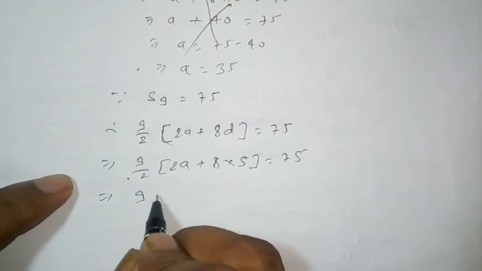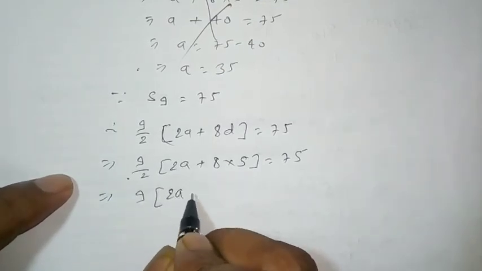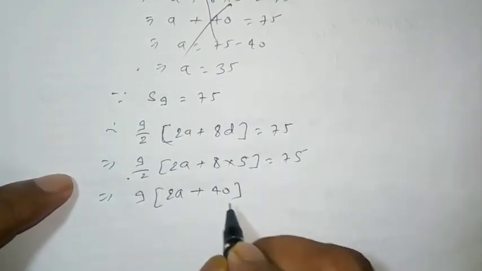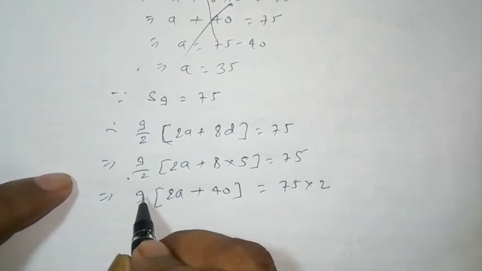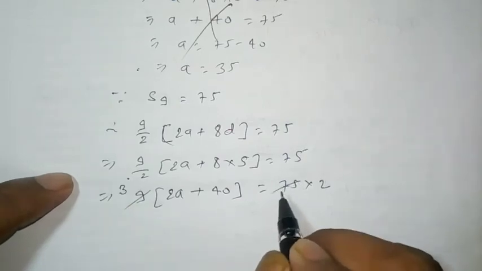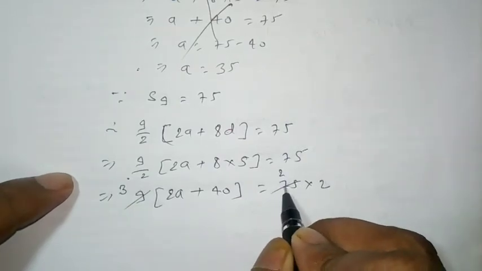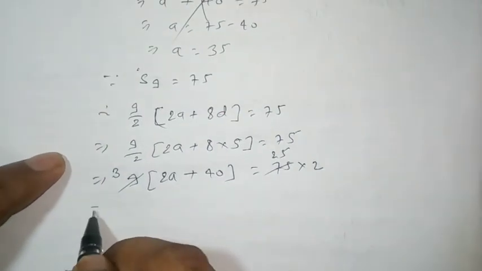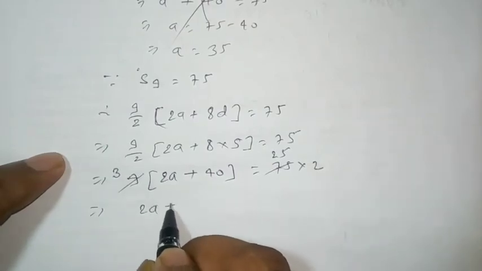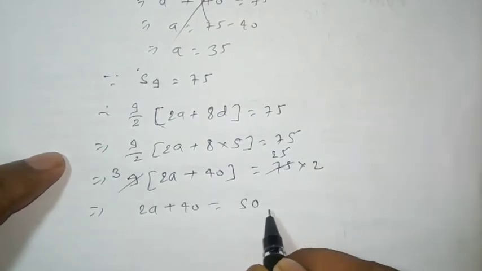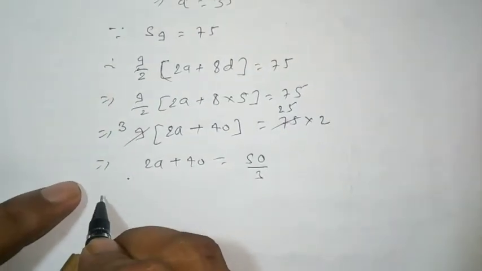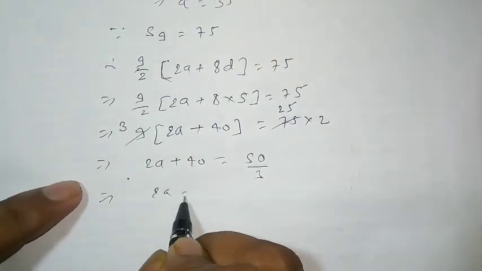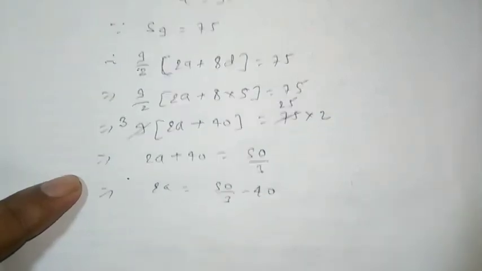Implies 9 into 2a plus 40 is equal to 75 into 2. Now 3 nines are 27, so 2a plus 40 is equal to 50 by 3.